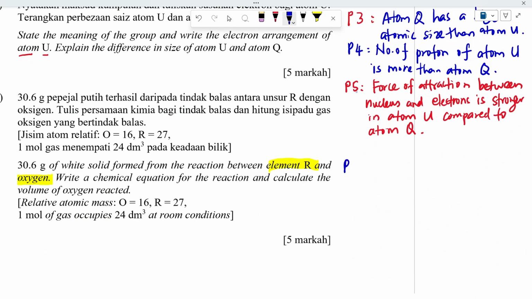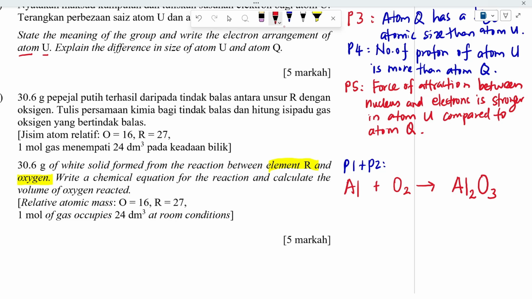So first, write a chemical equation. So point 1 and point 2. Aluminium reacts with oxygen, right? So what is the product? Aluminium oxide. What is the formula? Al2O3.